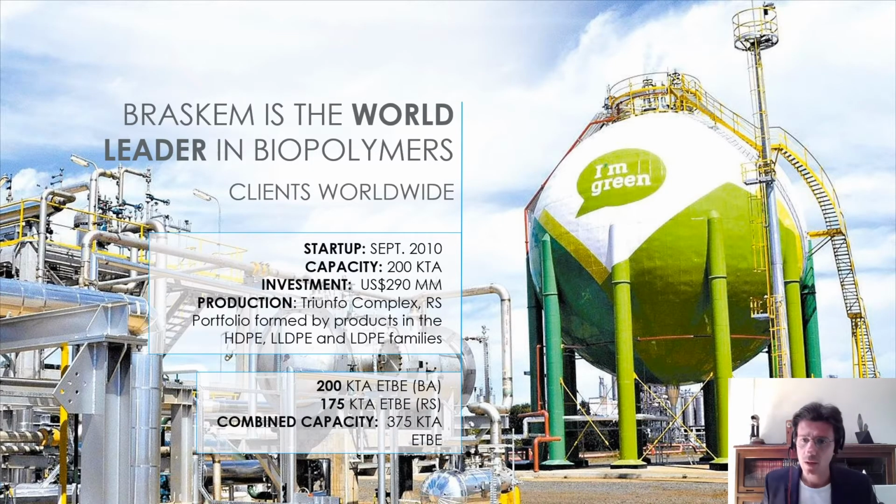Our main product today in renewable chemicals is polyethylene. So we built a 200,000 tons plant in the south of Brazil, in Triunfo, with an investment of $290 million. We produce several grades today, almost 40 grades of different polyethylene.